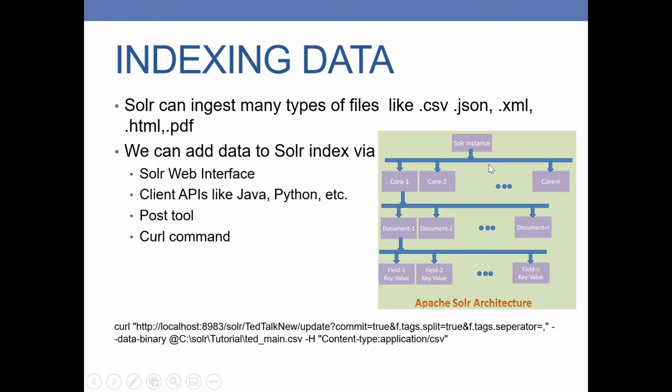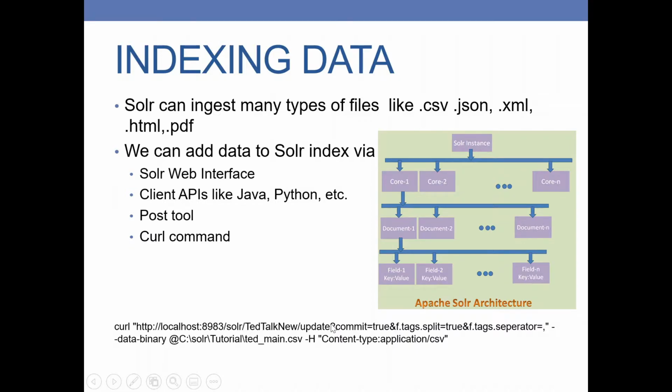So the picture here shows how the documents are organized within a SOLR instance. A SOLR instance can have multiple cores, each core can have n number of documents, and each document can have n number of fields.